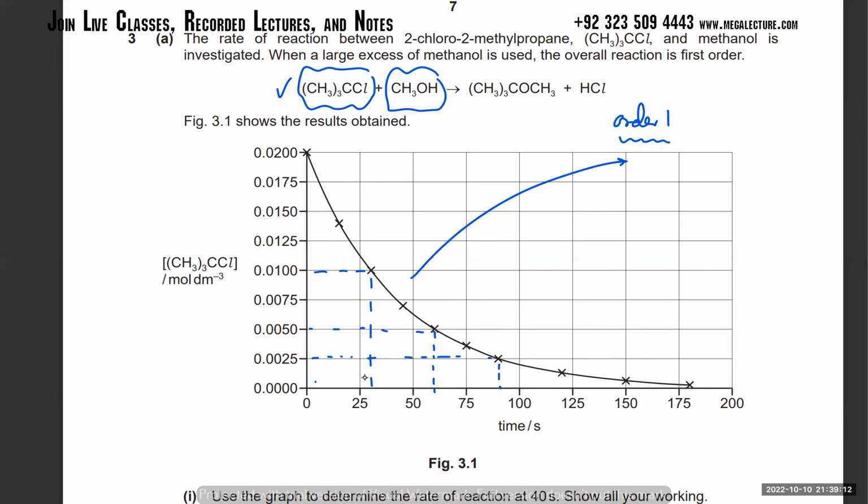You can check the half-life. That's the first one, that's your second one. They all look exactly the same. So the first one is order 1. Is this clear?